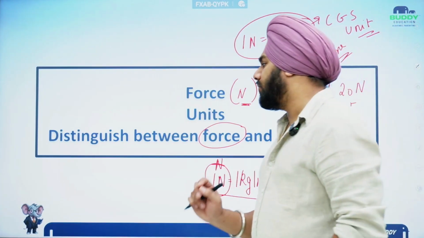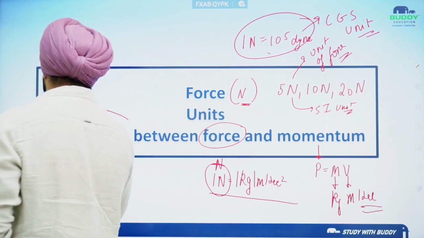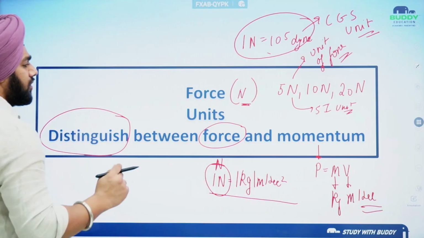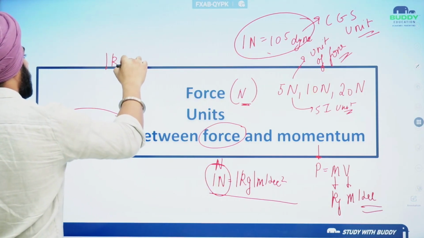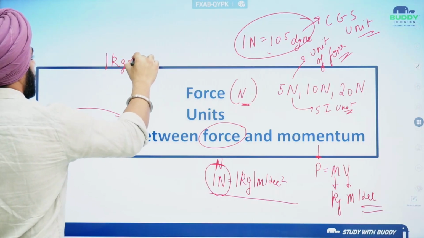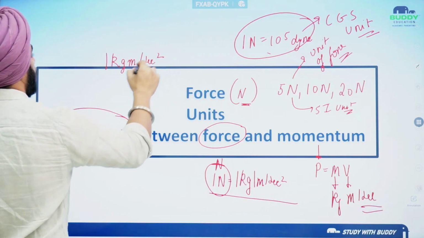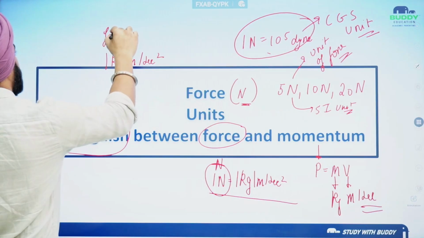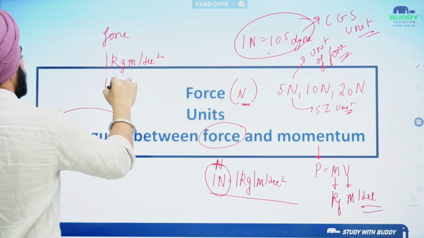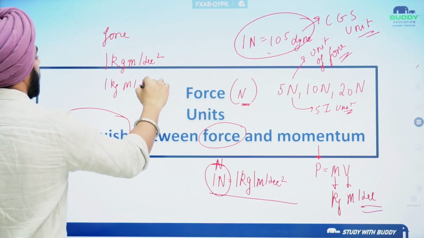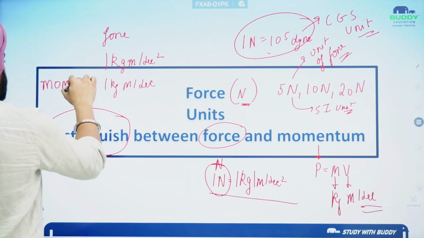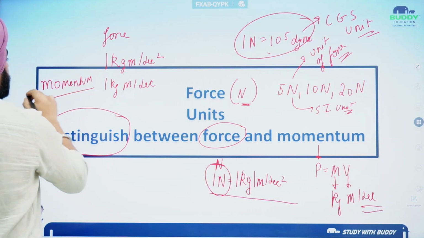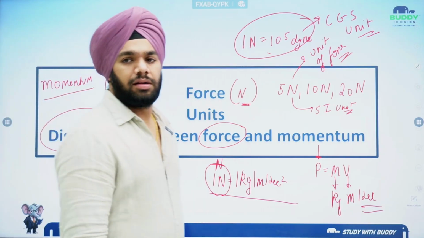So don't get confused at all. If we have to simply distinguish between force and momentum, you can check with the velocity and acceleration. For force, it is 1 kilogram meter per second square, and for momentum, it is 1 kilogram meter per second. So there is a very major difference, right? It is not just that, okay, 1 second is extra here, right?